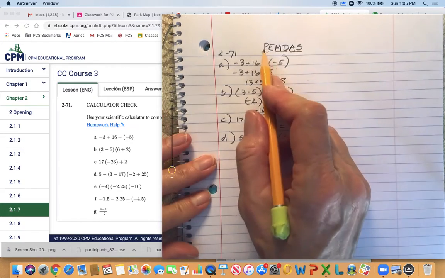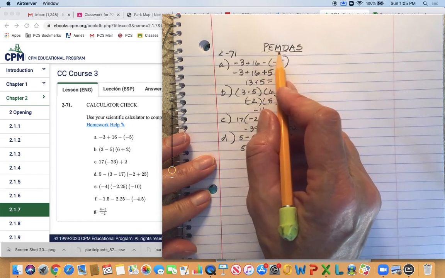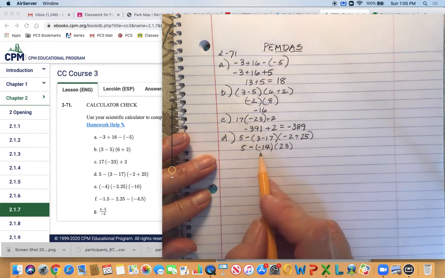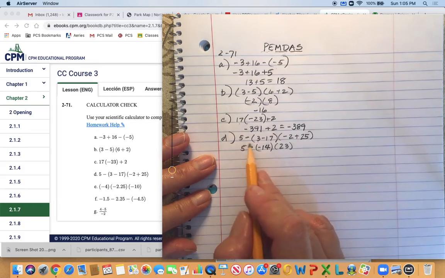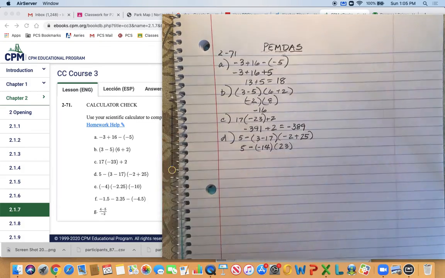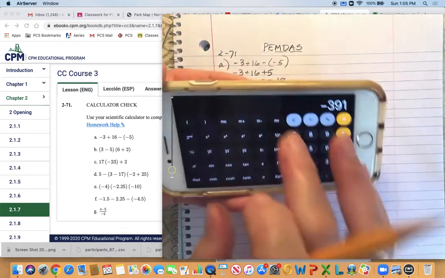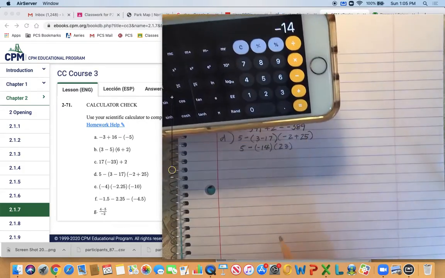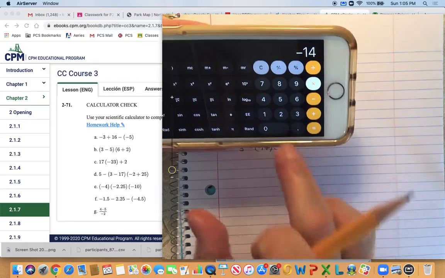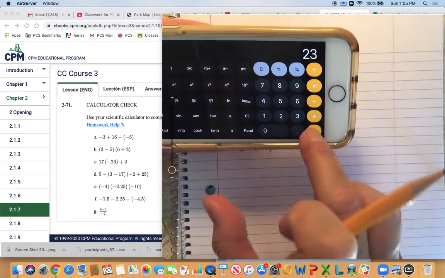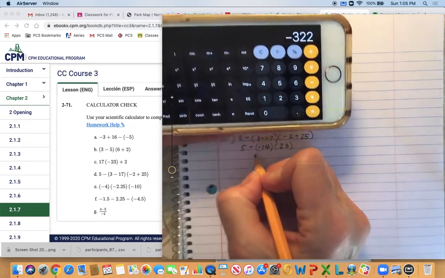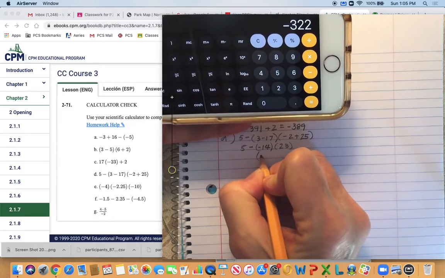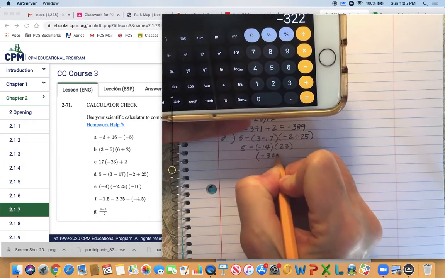According to order of operations, the next thing would be multiplication and division before addition and subtraction. So let's go ahead and multiply negative 14, so we put the 14 in and make it a negative, times 23, and that's equal to negative 322.